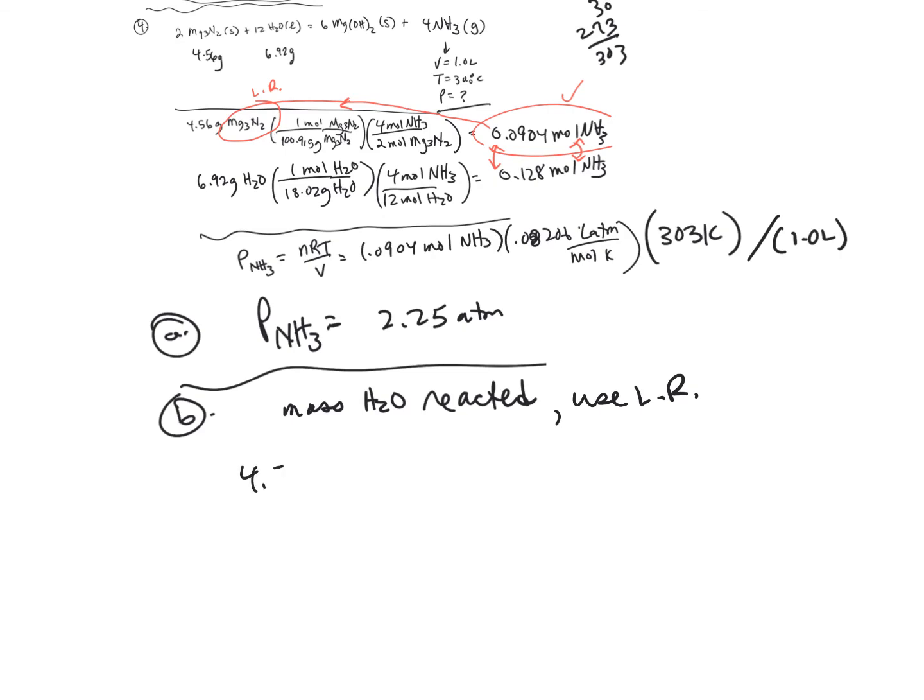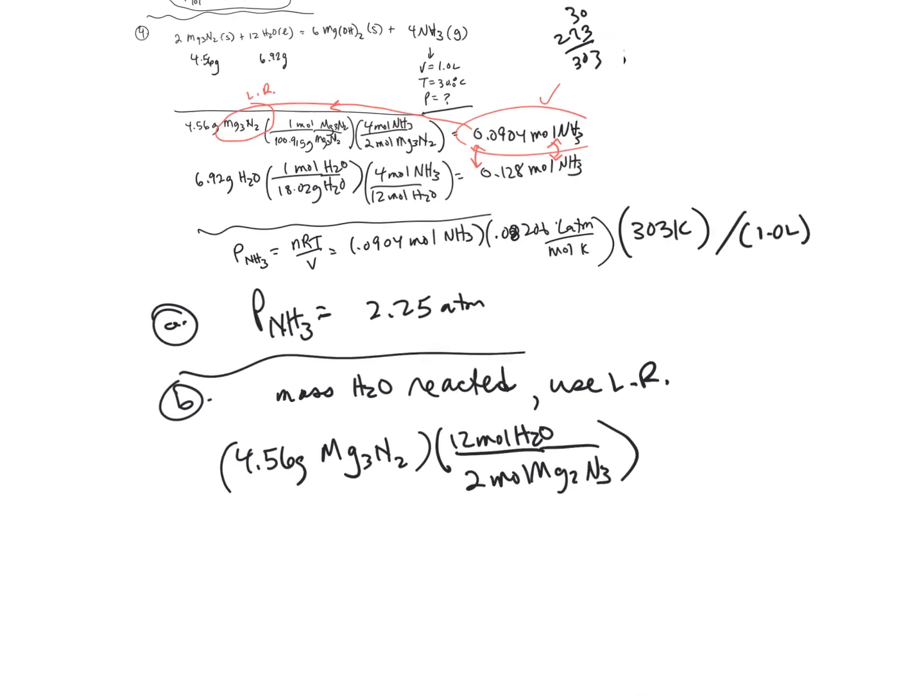So you have 4.56 grams of magnesium nitride, and with that you're going to multiply. It's a 12:2 ratio, so 12 moles of water were used up for every 2 moles of magnesium nitride that was used up on the left-hand side of the reaction.